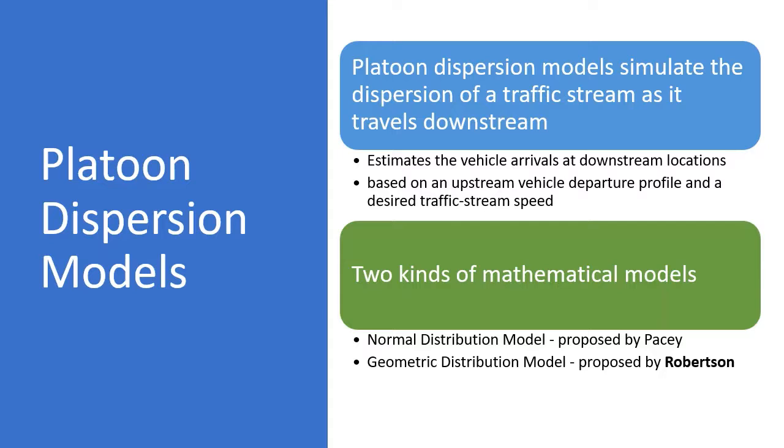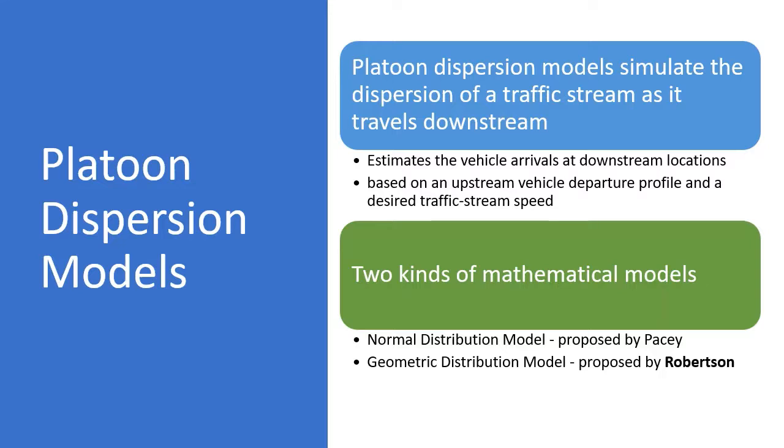Once more I'll explain the Platoon dispersion. The dispersion of the Platoon from one intersection to the next depends upon the departure rate from the previous intersection, and also on the travel time required to reach the next intersection. That is the basic idea of the Platoon dispersion model.